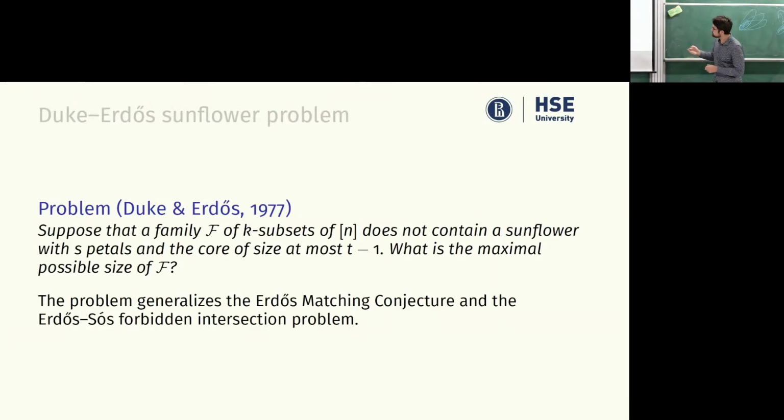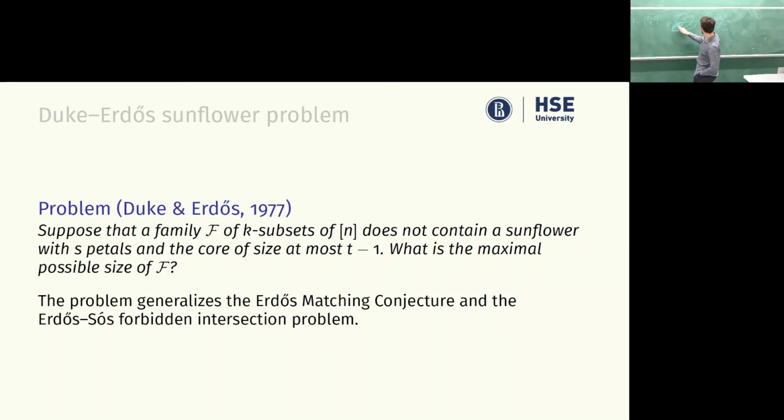Duke and Erdős in 1977 asked the following question. Let F be a family from n choose k, and F doesn't contain a sunflower with S petals and the core of size exactly t minus 1.